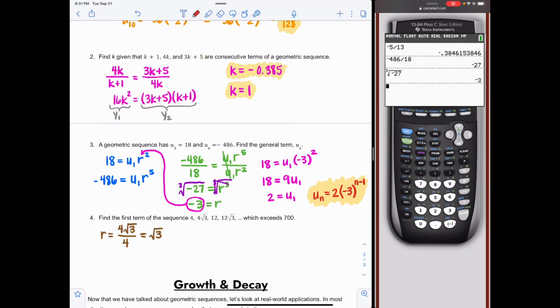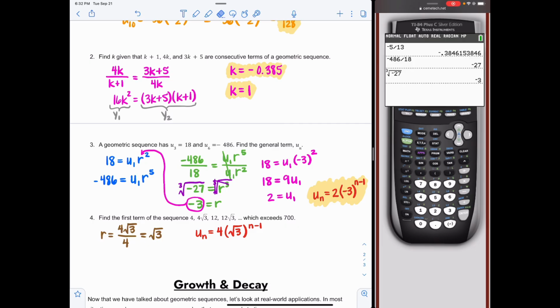Our general formula here will be u sub n equal to 4, which is u1 or the first term, times the square root of 3 to the power of n minus 1. We want to see when this value exceeds 700.